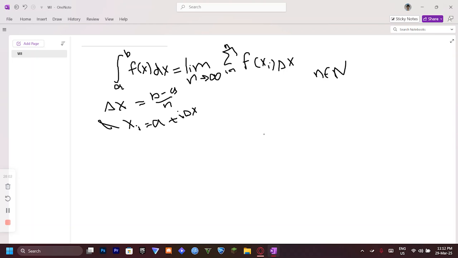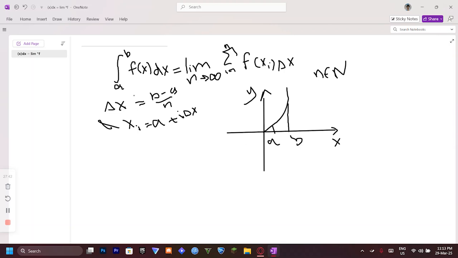If you have some function f of x that looks like this, and you're trying to find the area between x equals a and x equals b, what this says is that you separate it into n parts, each part having a width of delta x, where delta x is (b minus a) over n.